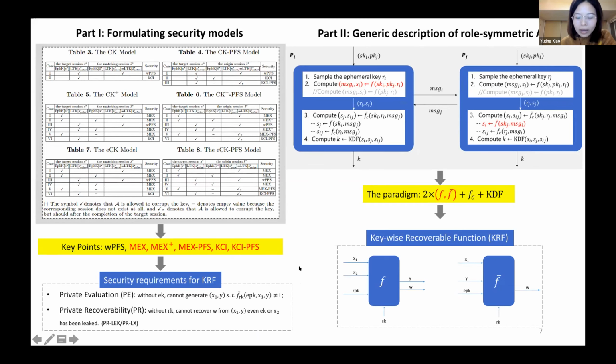And so we have a KIF at hand. We put it back into our generic description of raw symmetric keys. Thus, we can get our modular constructions easily.